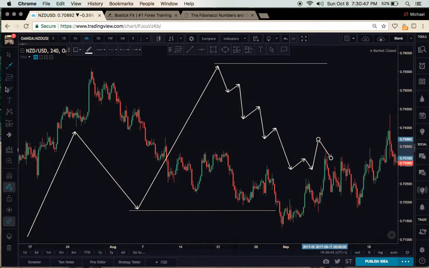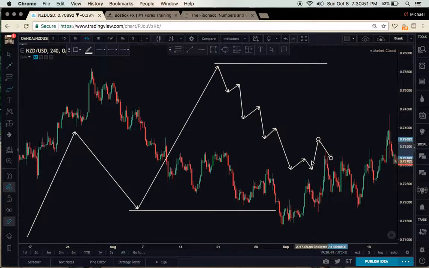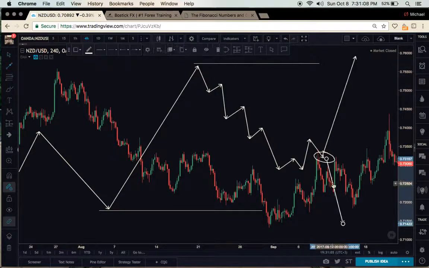Now your probabilities are better: if I enter here, there's a higher probability that price is going to start moving up in conjunction with the bigger time frame than for price to continue down from there. And that's all trading is, probabilities.